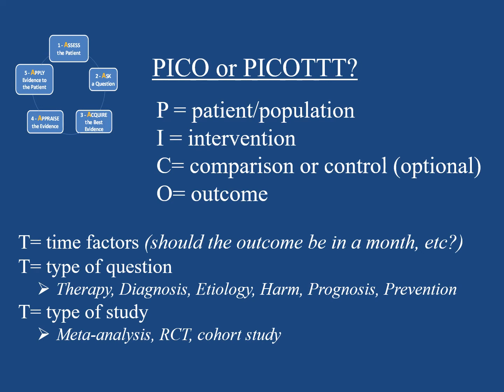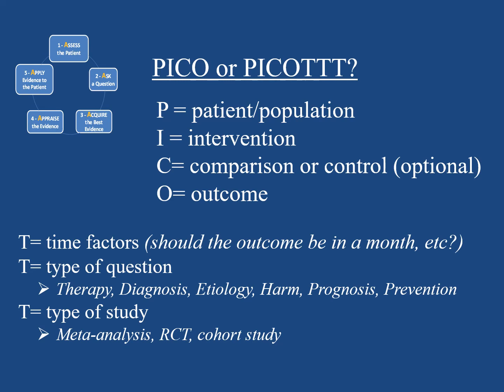Another possible T that you could add to your question is the type of question. So for instance, questions divide themselves into different categories. Is it a therapy question, diagnosis, etiology or causes, harm, prognosis, or prevention?